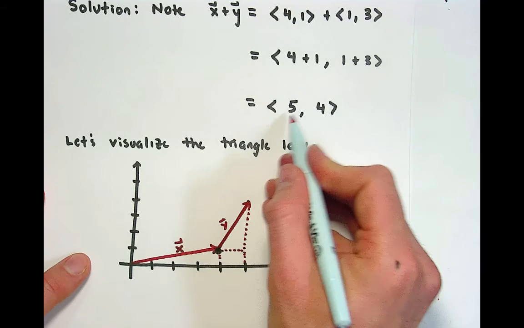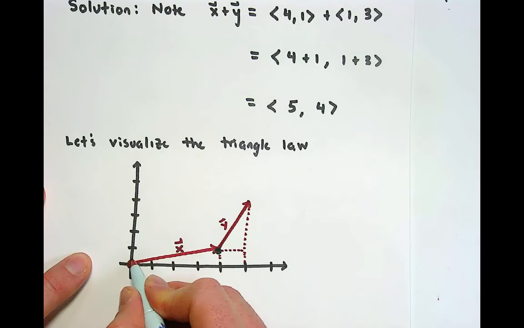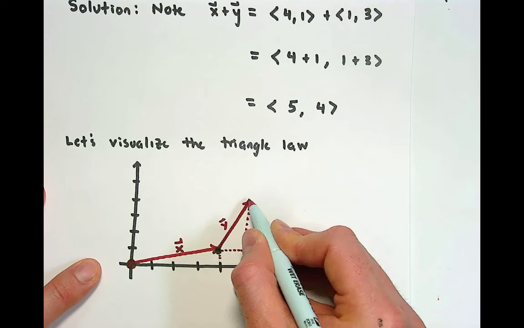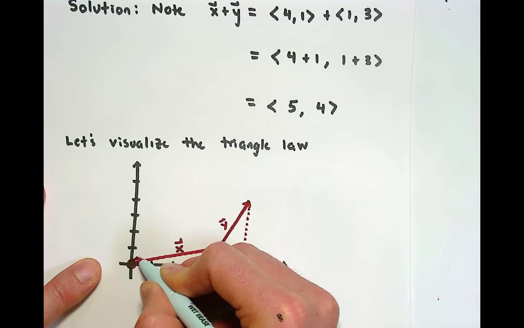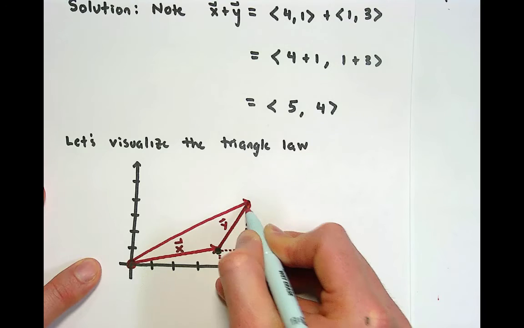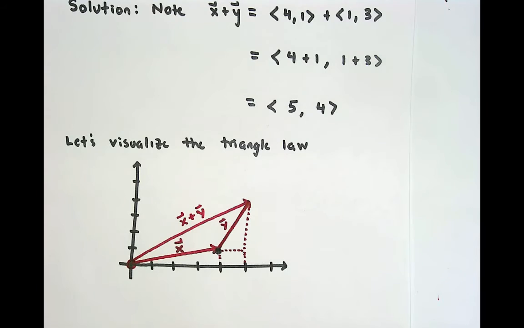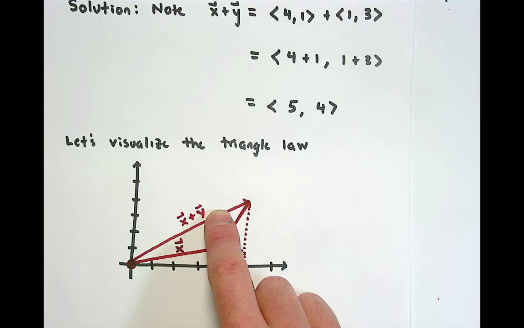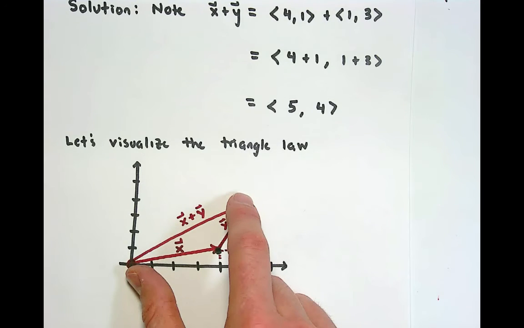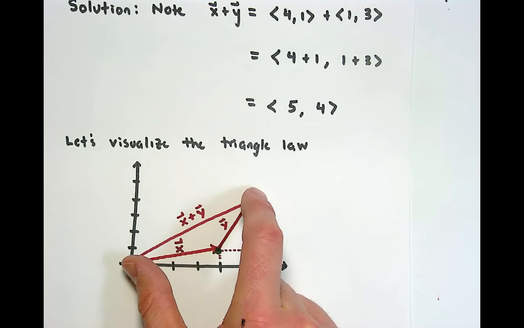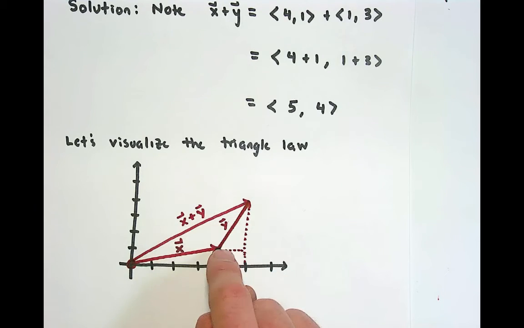The sum of these, the vector 5, 4, starts at the origin, because I haven't said where else that it starts, and it goes all the way to, now this is the vector x plus y. There's the triangle. X plus y, I go along x, along y, and now I get the vector that connects the initial point of x to the terminal point of y, where y's initial point is the terminal point of x. Okay.